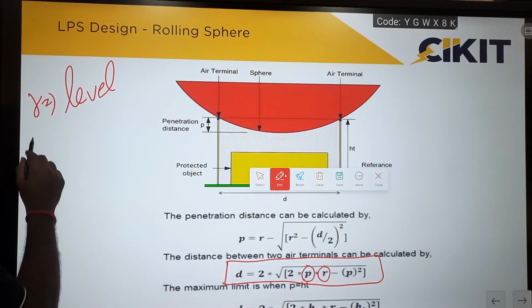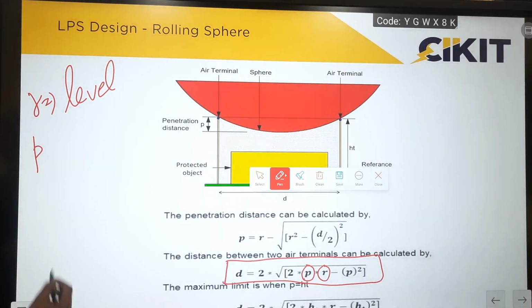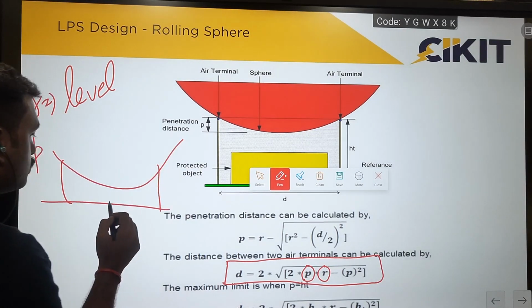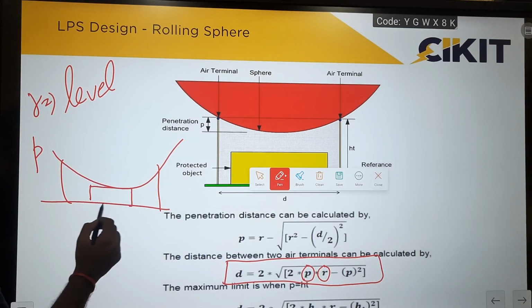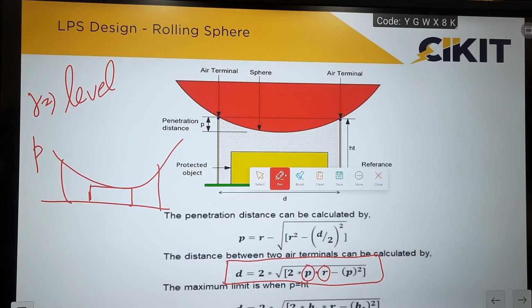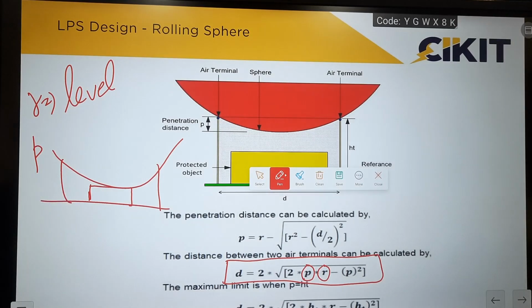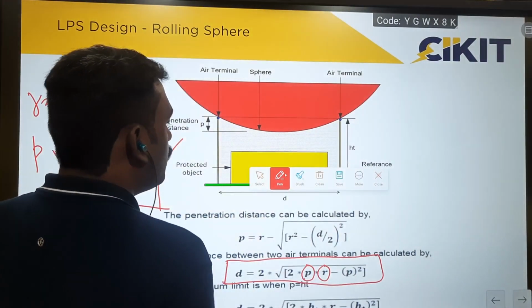Whereas the penetration distance is what we are considering. If there are any other objects present here, I have to reduce the penetration distance. So based on the site condition, we have to determine the penetration distance, and the value of R will be constant.